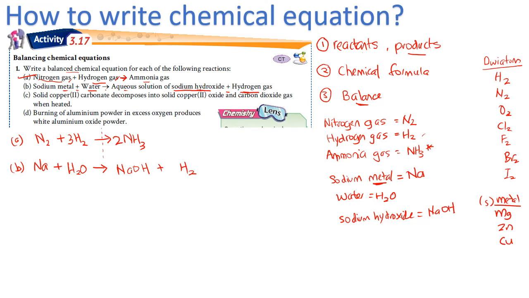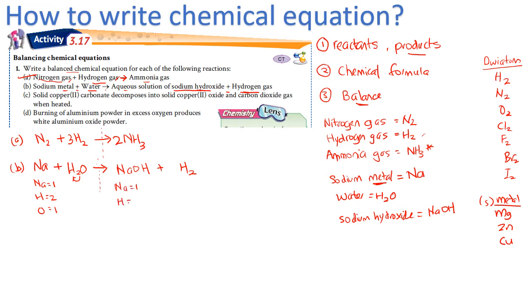Now we try to balance it. To balance it, you must balance the number of atoms for the reactant and the product. Here for the reactant, sodium we got 1, hydrogen we got 2 plus 2, so 2 here and 2 here, and oxygen got 1. For the product, sodium you got 1.